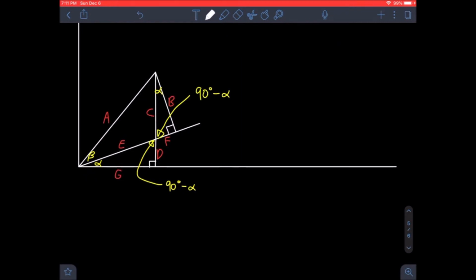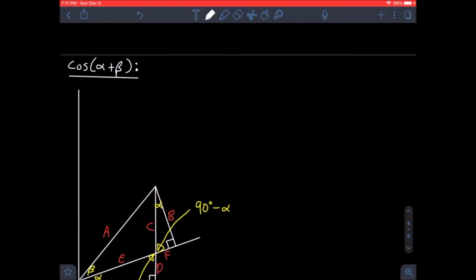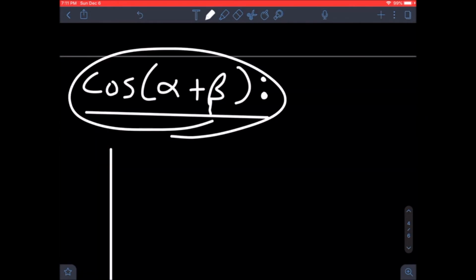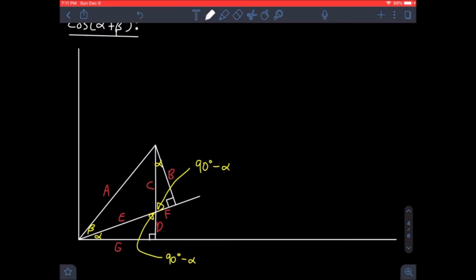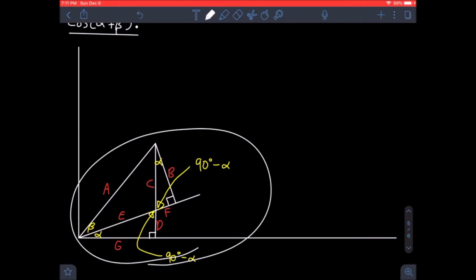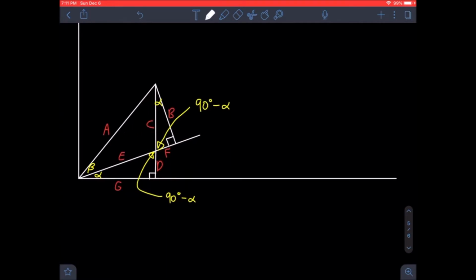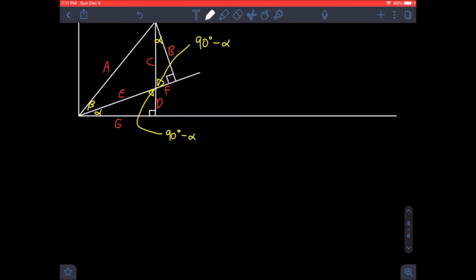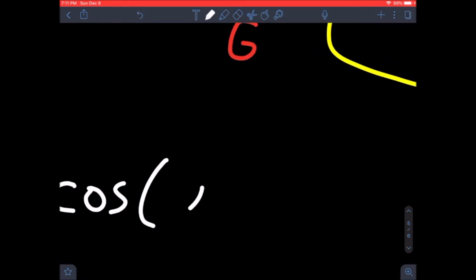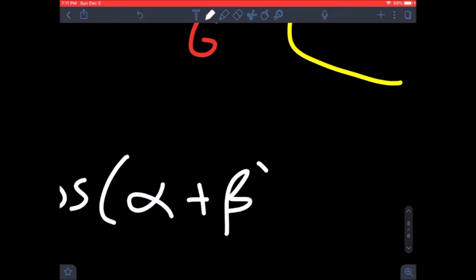Our goal is to find the cosine of alpha plus beta, and we're basically going to use this picture right here to find it. From the picture, what is the cosine of alpha plus beta?